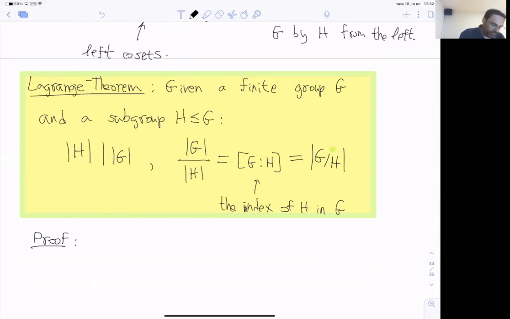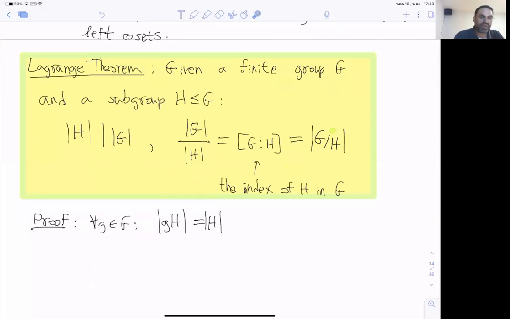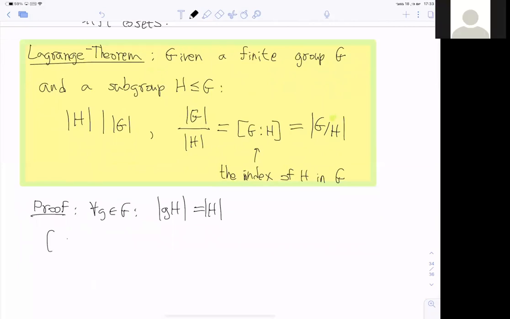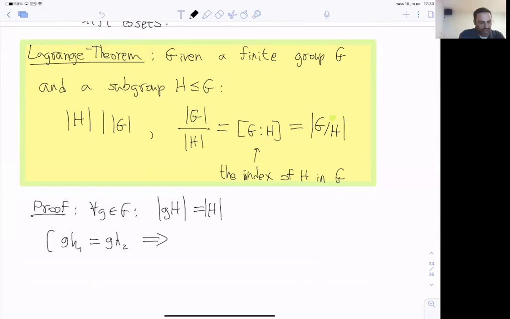Because for any g, gH has the same order as H. By the way, you cannot have one element appearing twice: if g with some h1 is equal to g with some h2, then you can multiply both sides by g inverse, and it means that h1 is equal to h2.